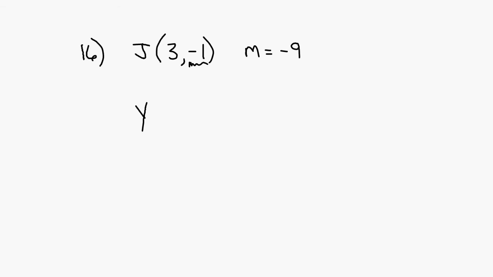So you would write y +1 equals the slope, -9, parentheses, the letter x, and then the opposite of the x value, so this would be -3. So that is your point-slope form for a line through that point with a slope of -9.